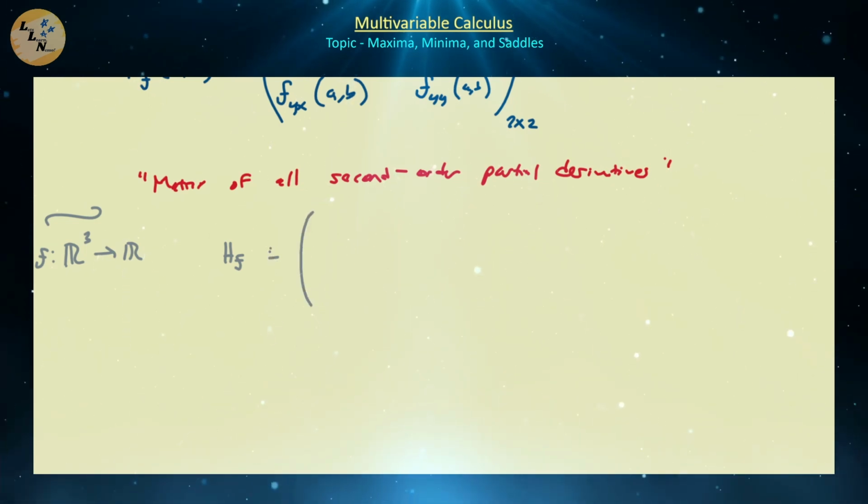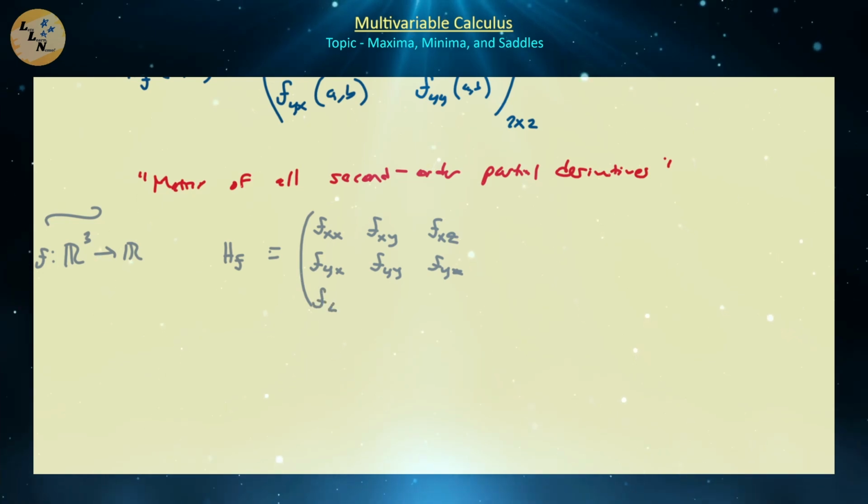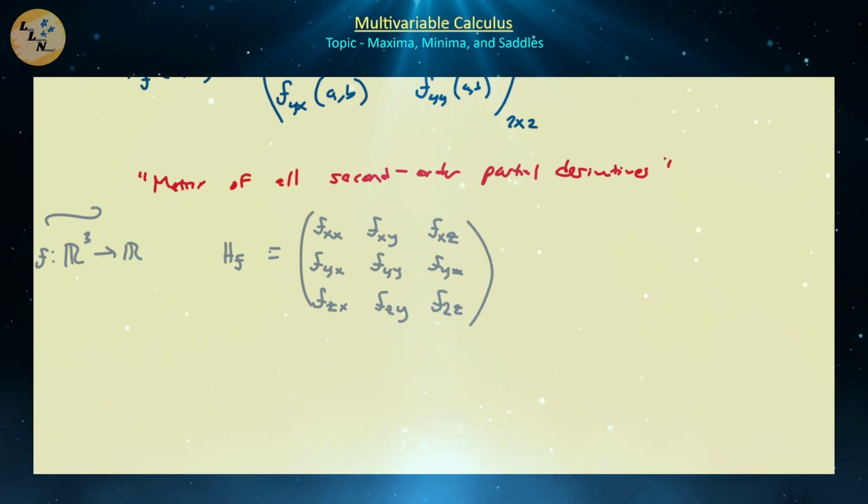This is just going to be equal to f_xx, f_xy, f_xz, let's call z the third dimension, and then f_yx, f_yy, and f_yz, and then f_zx, f_zy, and f_zz. Right, so that would be the 3 input dimensional Hessian matrix for a multivariable function f.